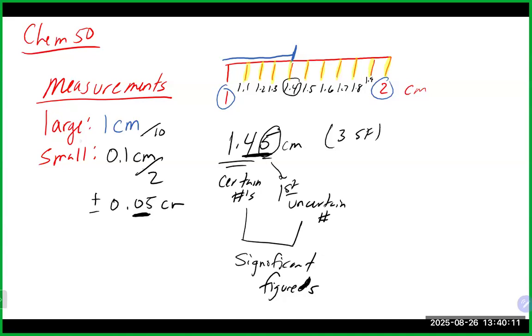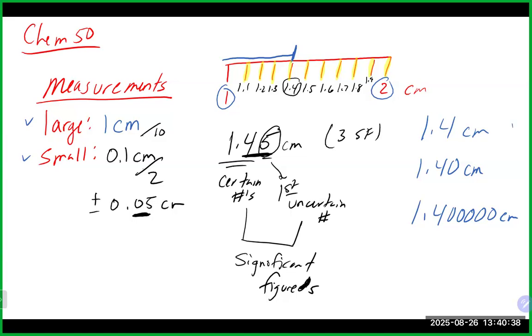We went through this a second ago: that is 1 centimeter large markings, 0.1 centimeter here. I would record perhaps 1.4 centimeters, 1.40 centimeters, 1.40000 centimeters. Is there a difference in how you record it? Doesn't matter? The answer is it does matter.